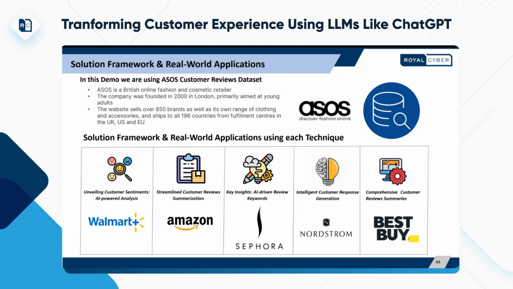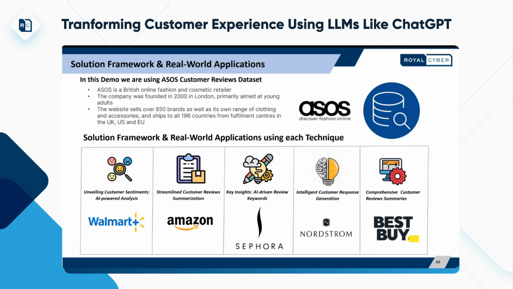Our solution framework also has some real-time applications that we've seen in other digital commerce places, such as AI-powered analysis at Walmart that provides customer sentiment, at Amazon, streamlining all of the customer reviews into a summary to get a pulse check, or at Sephora, where they optimize their performance marketing using AI-driven review keywords.